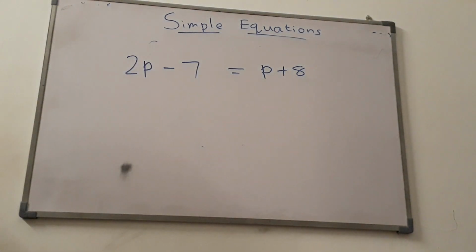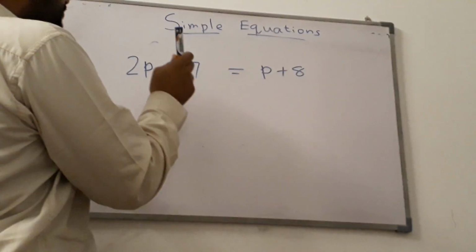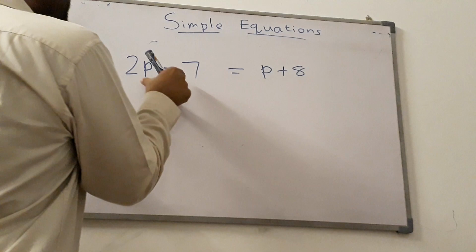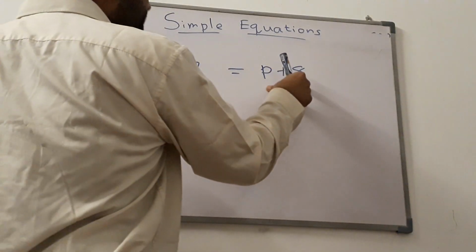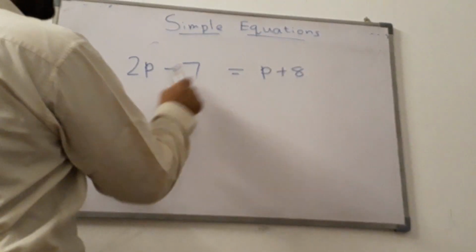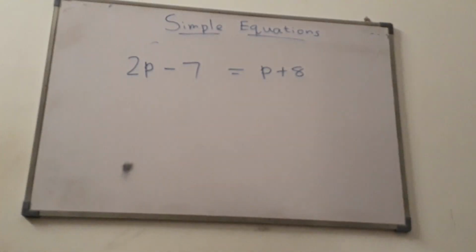Okay, if a value of a certain algebraic expression is equal to another algebraic expression with the same value, we can equalize those two algebraic expressions as well. So there are such equations as well.